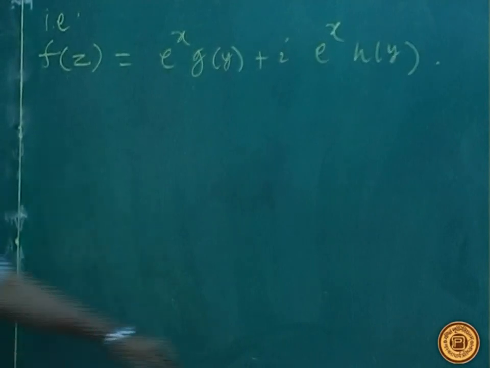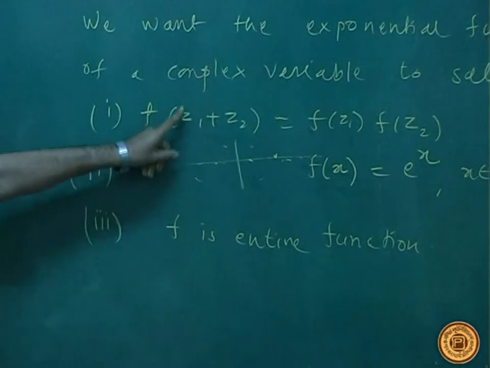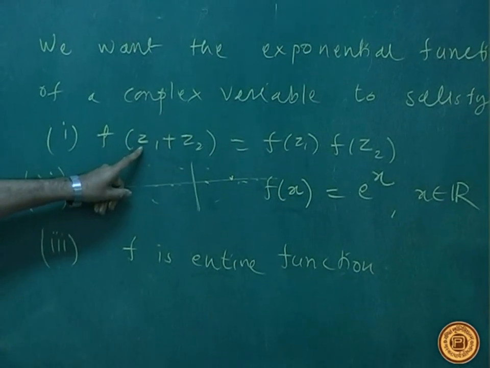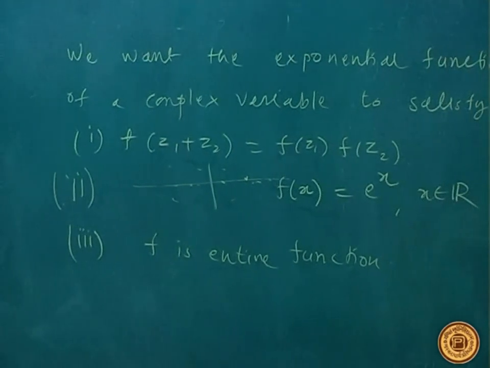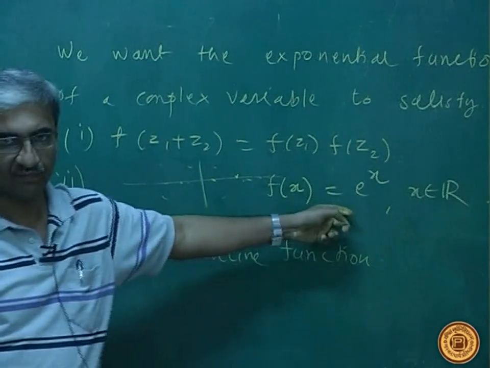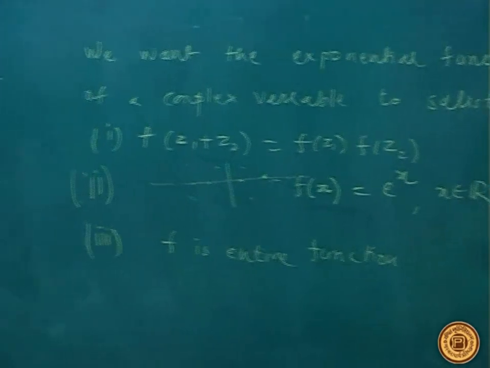Now look at this third property. I have already used the first two. I have written f(x+iy), then written this as the product f(x) f(iy), then f(x) equal to e to the power x. And now I have this form.